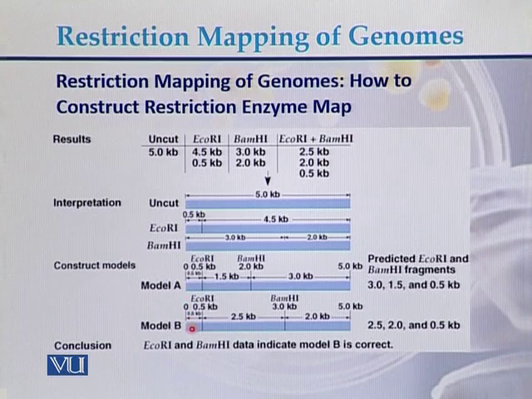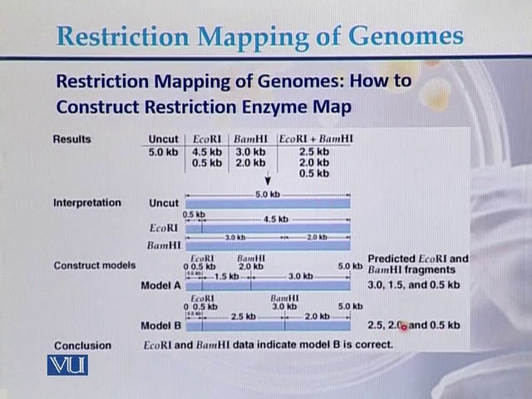While in the second model, 0.5 kb with the help of EcoR1 is here and this is the 4.5 kb. And the site for BamH1 is here, so this fragment is 2 kb and this fragment is 3 kb. So according to this, the fragments will be 2.5, 2 and 0.5.